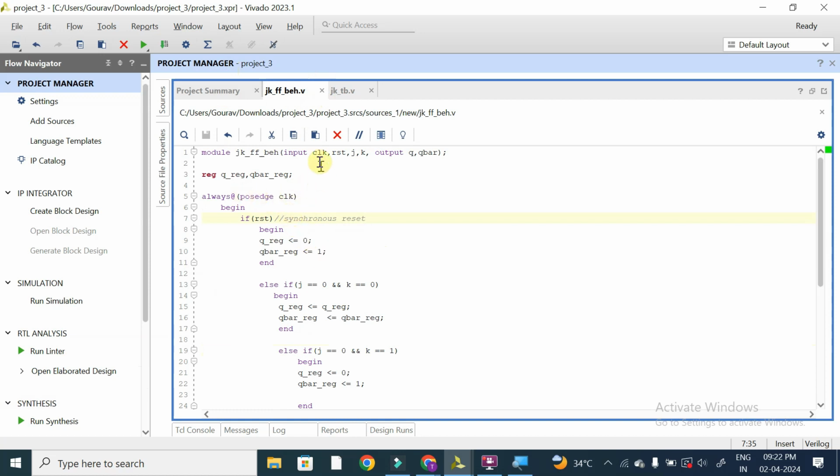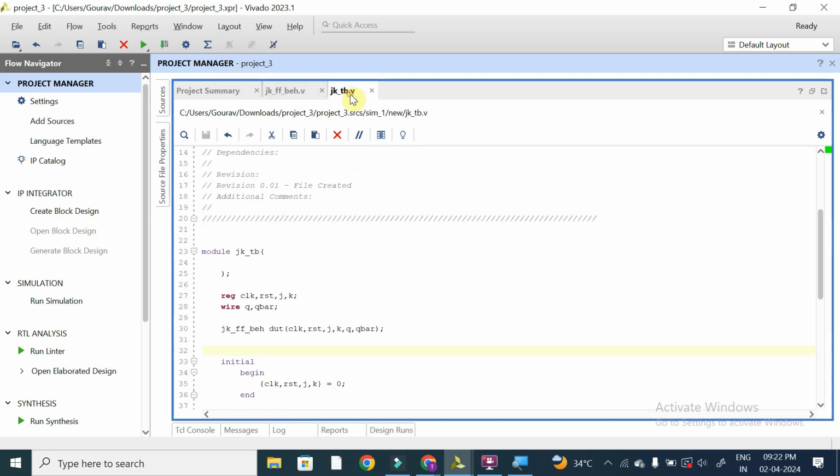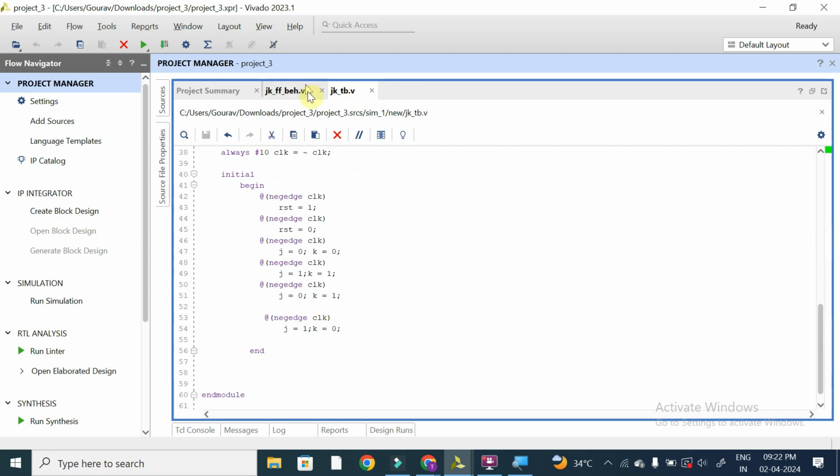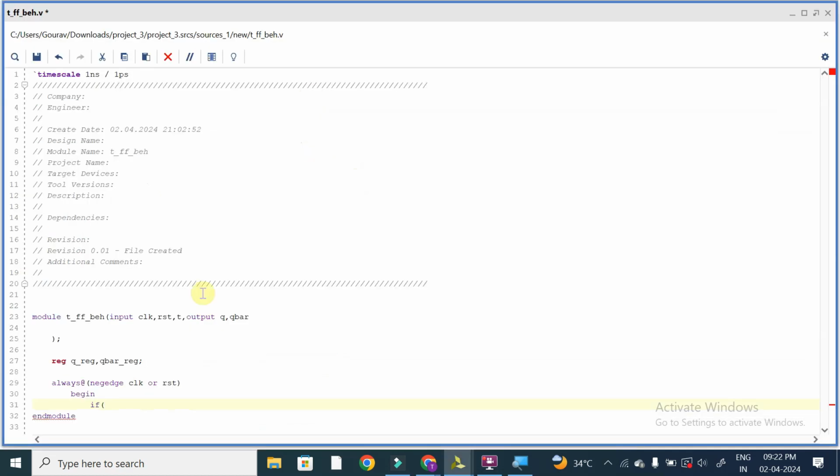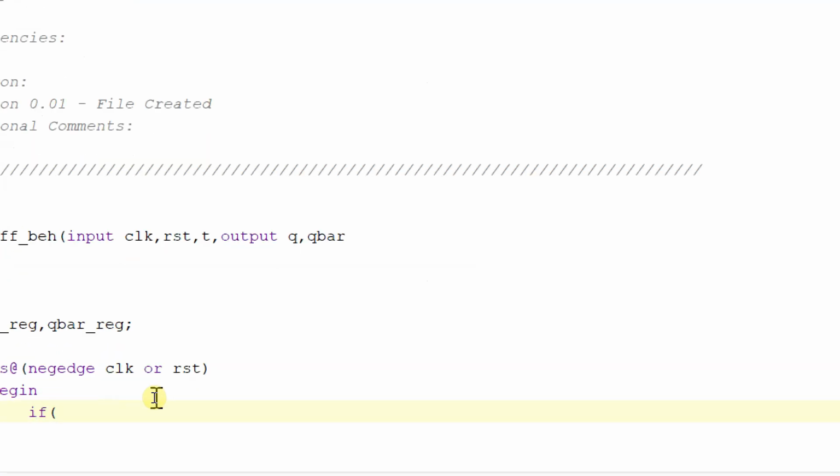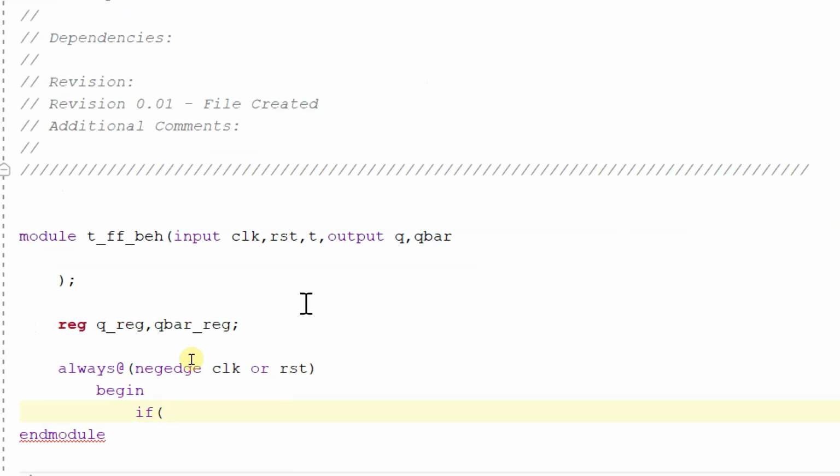If there is a change in reset without applying a clock, the always block will not be triggered. But in case of asynchronous reset, if there is any change in reset, irrespective of the clock signal, irrespective of positive edge or negative edge, then the always block will be triggered and the logic will be executed. Is this clear about synchronous and asynchronous reset?